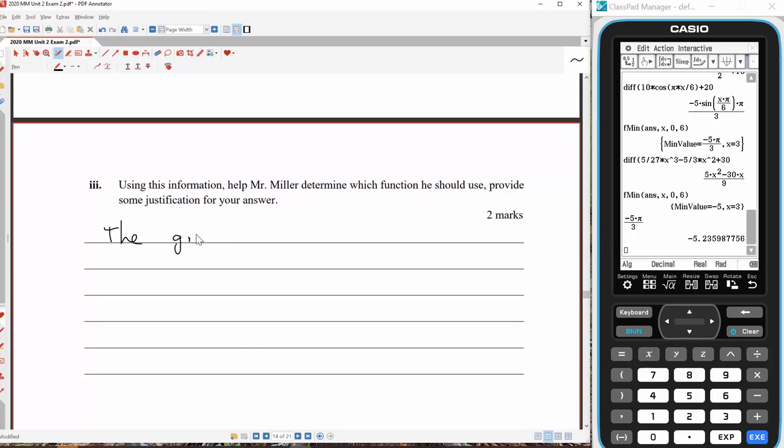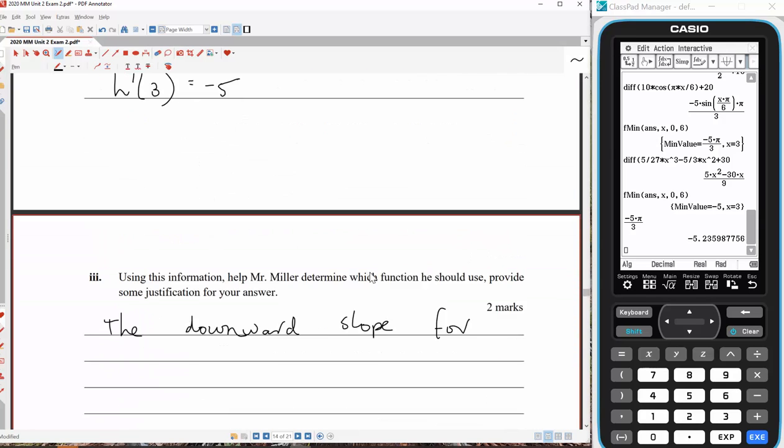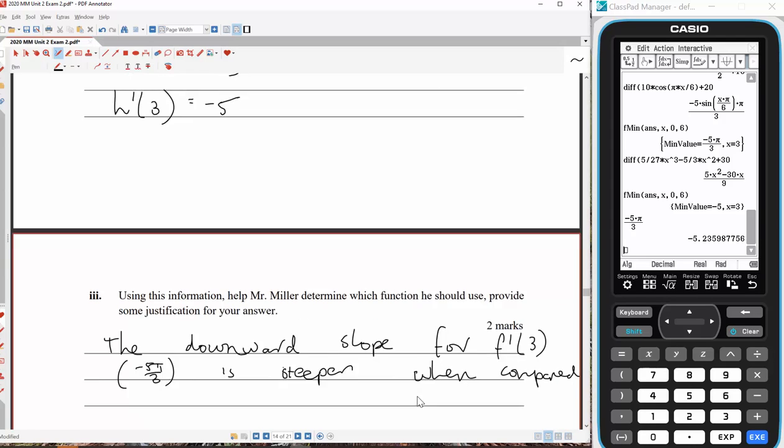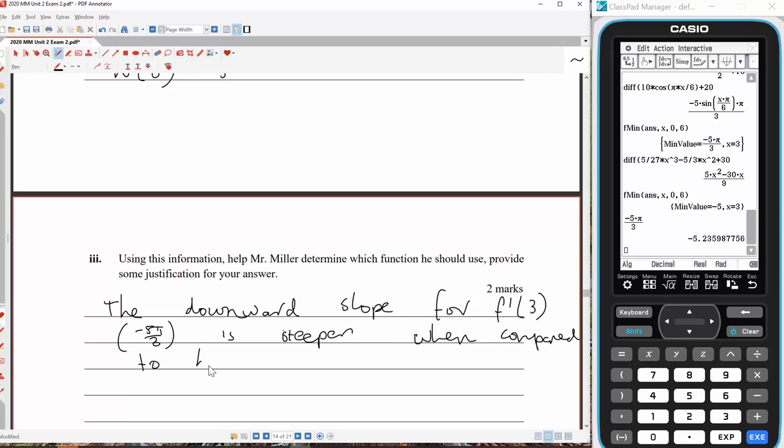All right, so what we're going to say here is the downward slope for f dash 3, which is negative 5 pi on 3, is steeper, so it's got a steeper slope when compared to h dash 3, which was negative 5.